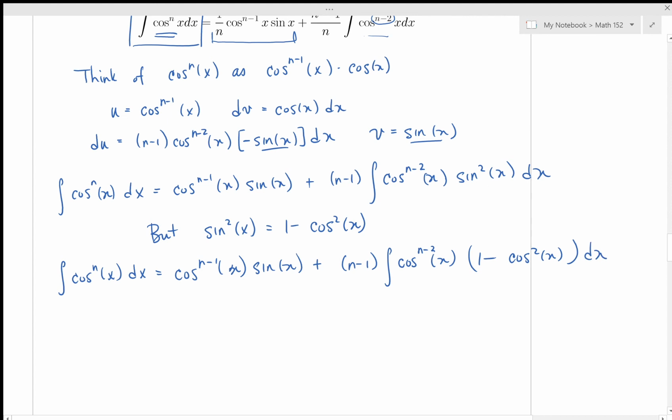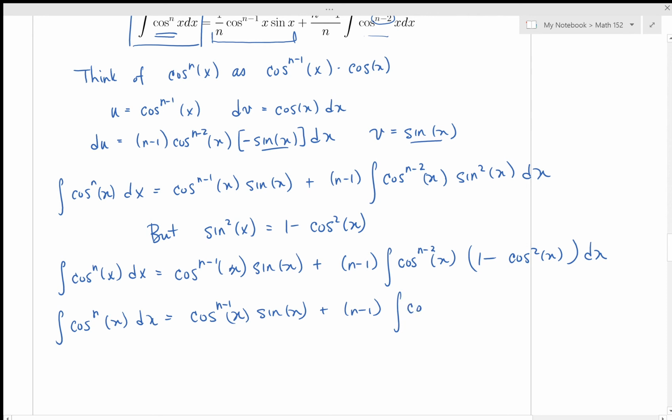Okay, let's see what's happening. The integral of cos^n x dx equals cos^(n-1) x sin x plus n-1, and I'm going to separate these integrals.